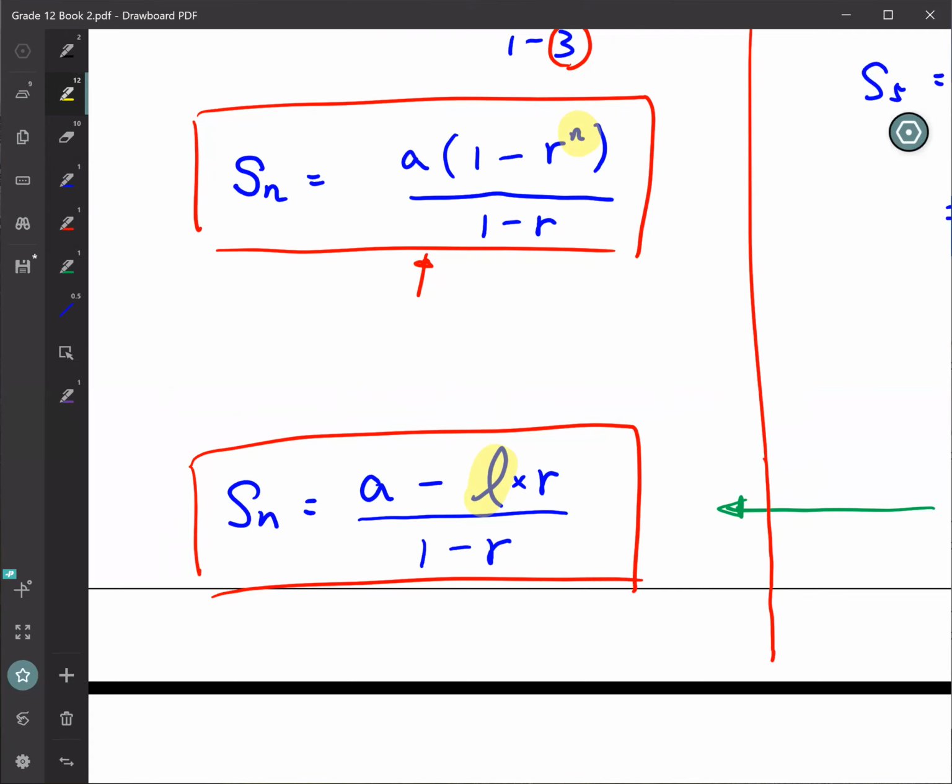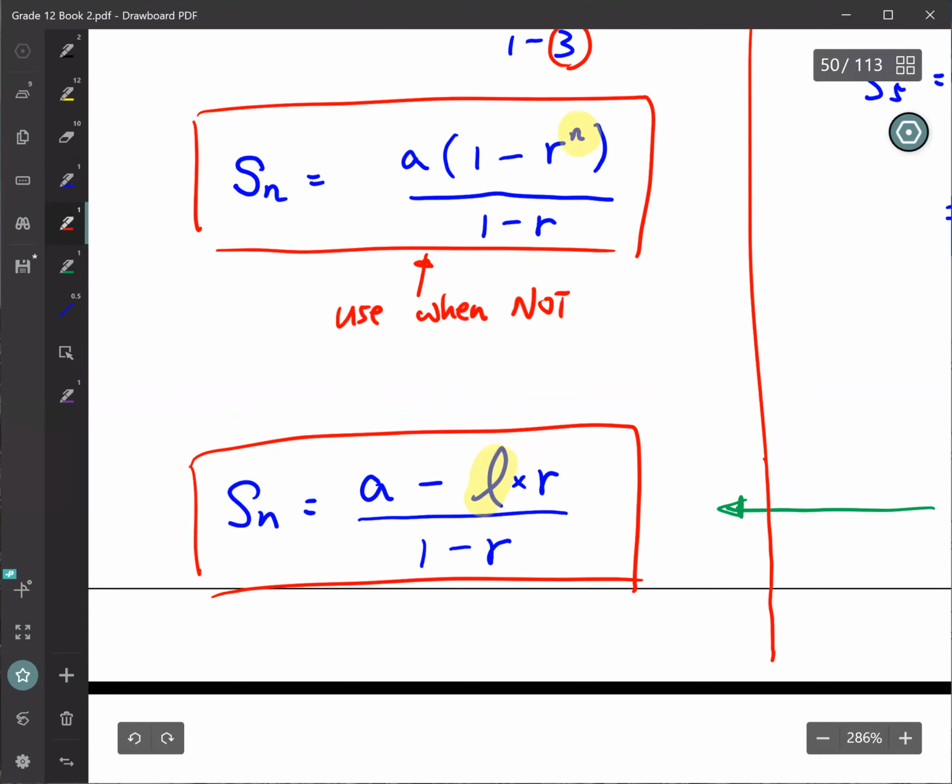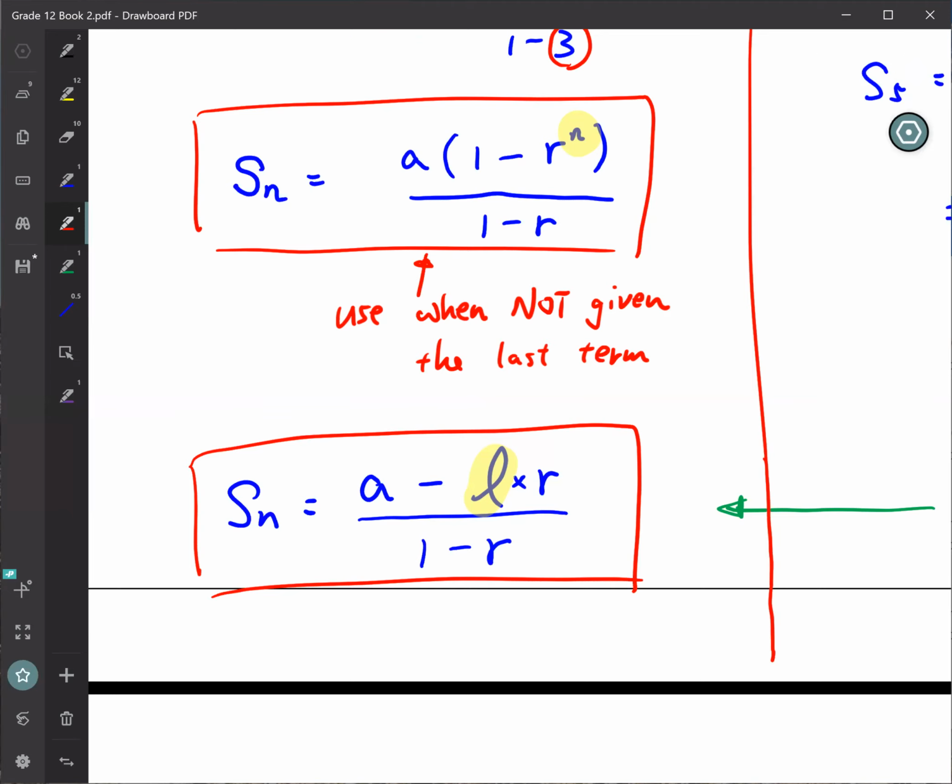So you will be using the first formula, you can write this down, use when not given the last term. If you don't know what the last number is, you will use the first formula.